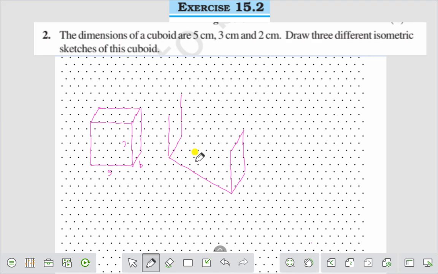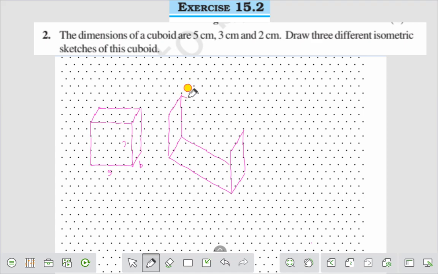Now if we draw this one is same, 1, 2, 1, 2, 3, this one is 4, right? Now here you take, this unit is 3 unit, 1, 2, 3, right?